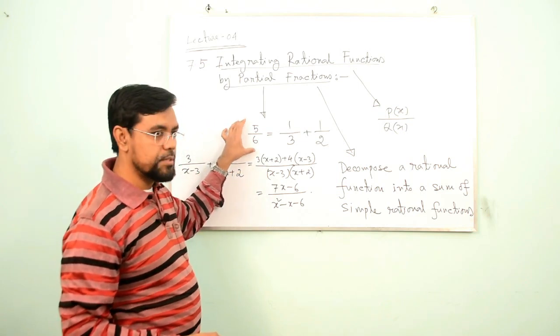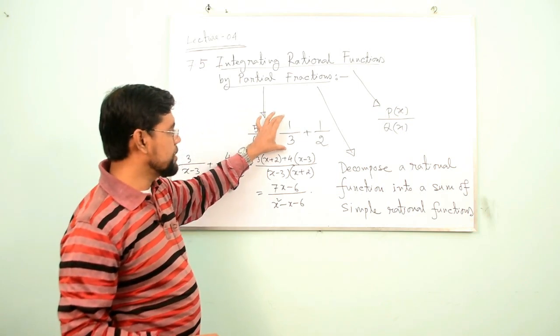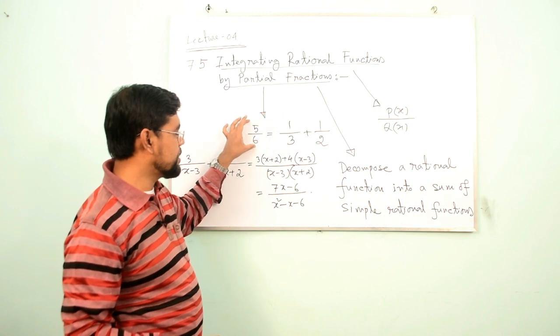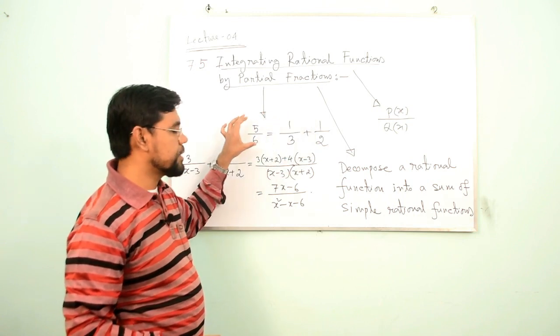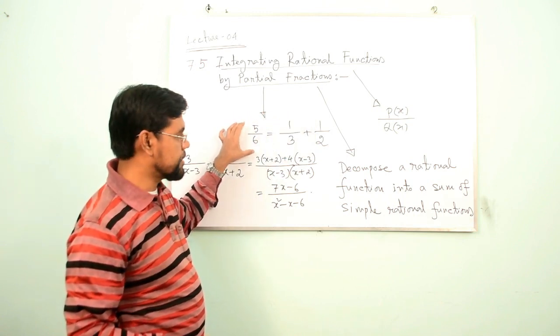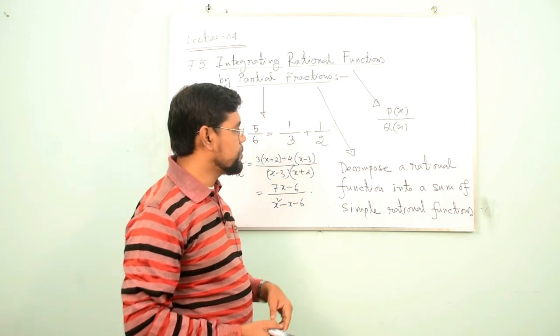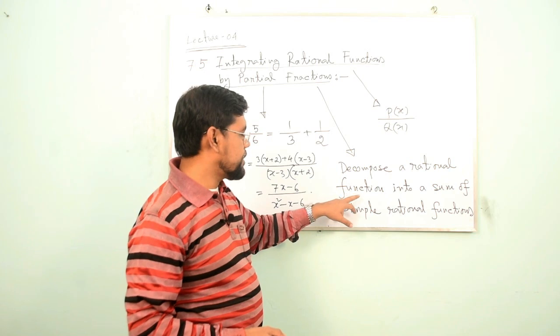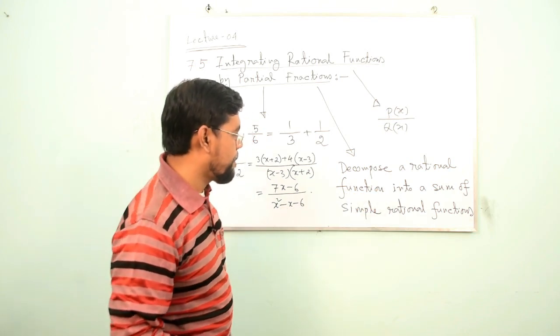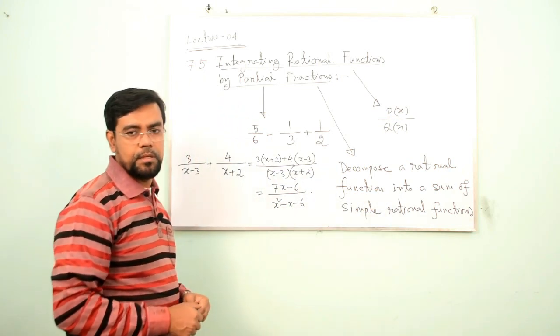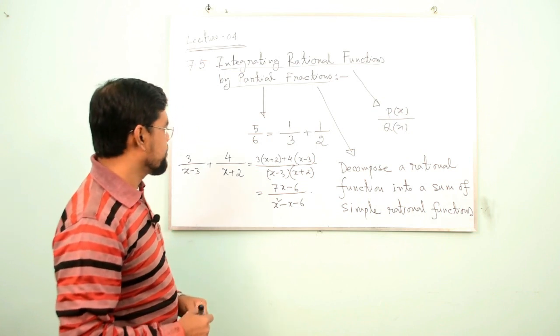So 5 by 6 is the original fraction, 1 by 3 is a partial fraction of it, and 1 by 2 is another partial fraction of 5 by 6. Partial fractions decompose a rational fraction into a sum of simple rational functions.